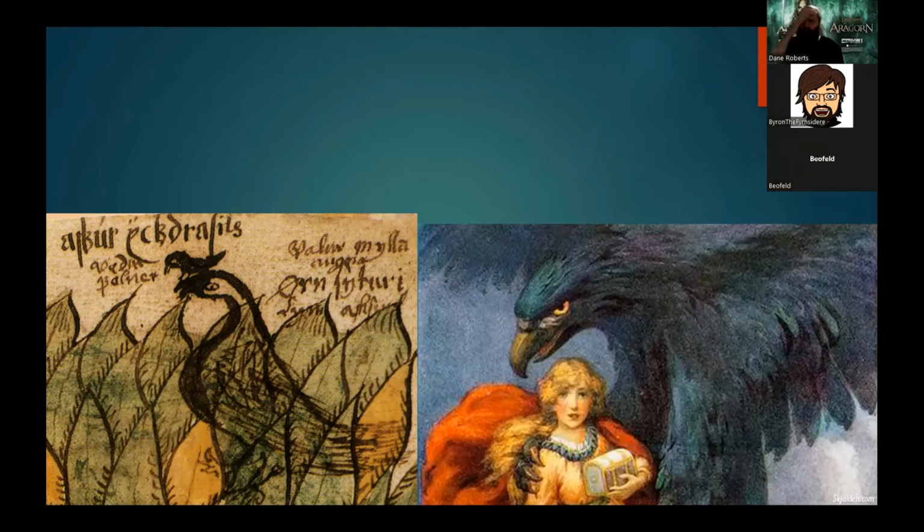But then we also have Jotuns, or Etons, who can take on the form of eagles, the most well-known and notable being Thiazi, the father of Skathi in Norse mythology. Now, as Beofeld and I mentioned in our video about chaos worship being historical, we don't think Skathi originally was a Jotun or an Eton.